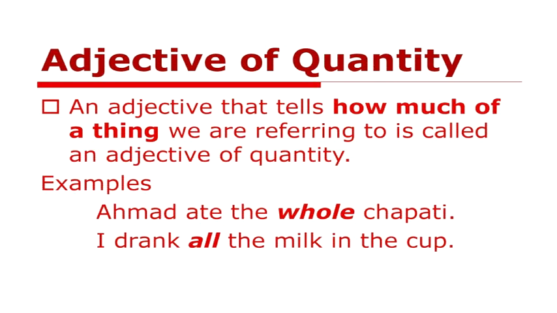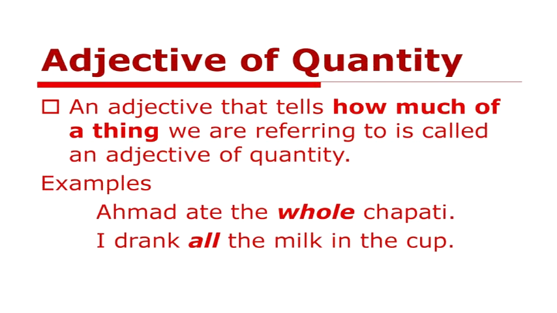So that is the difference. See the example: Ahmad ate the whole chapati. We are not counting any chapati. It is one only because it is singular, that is obvious. But how much of it is being eaten? The word whole tells us that. And that's why it is an adjective of quantity.